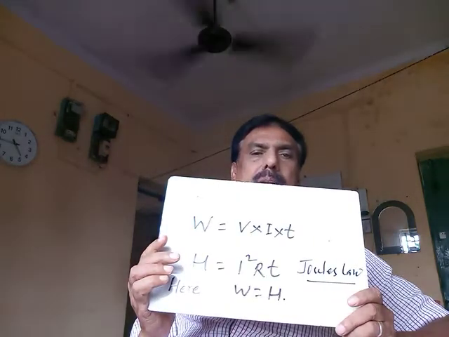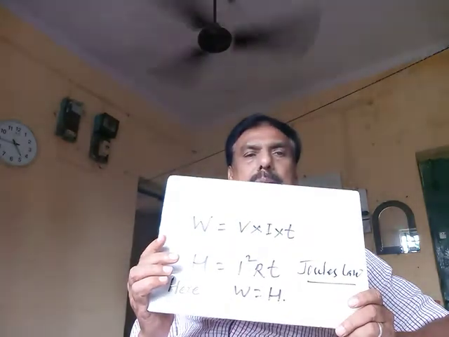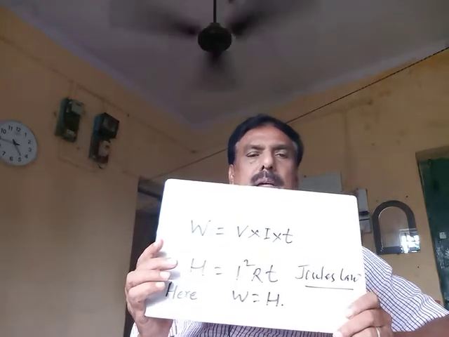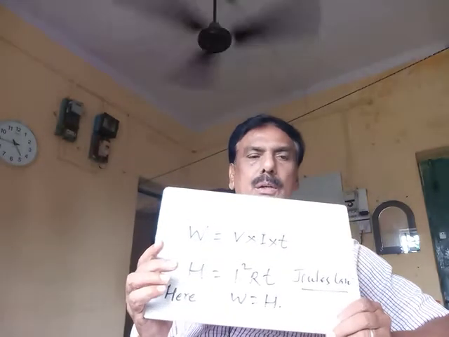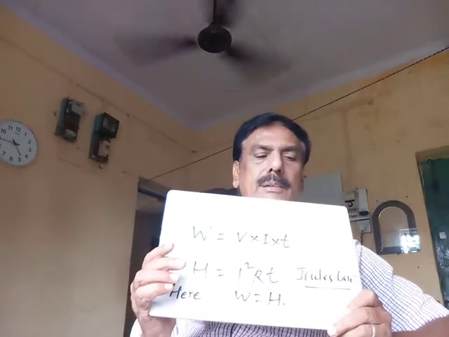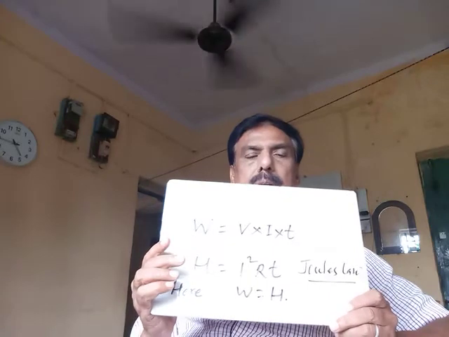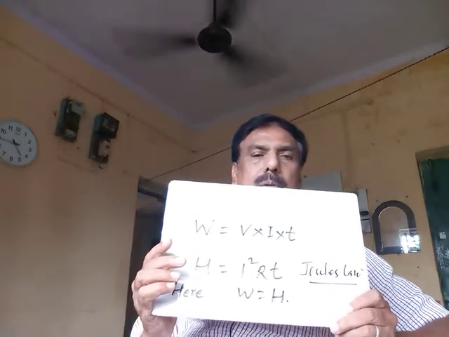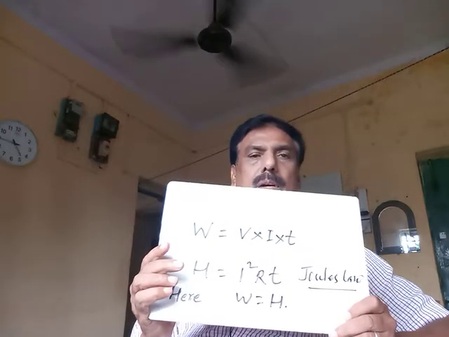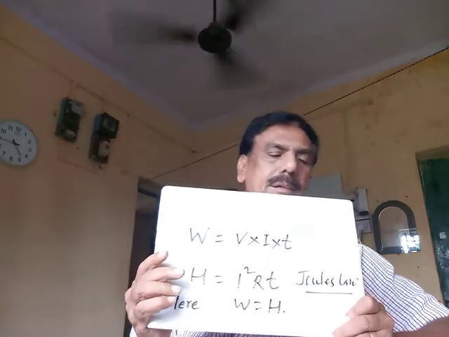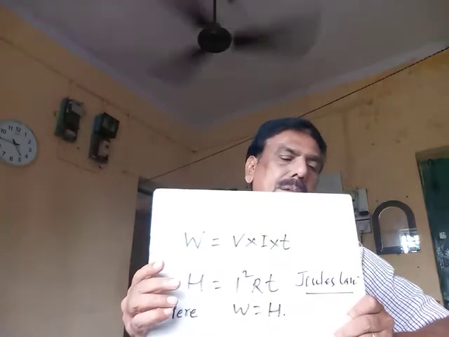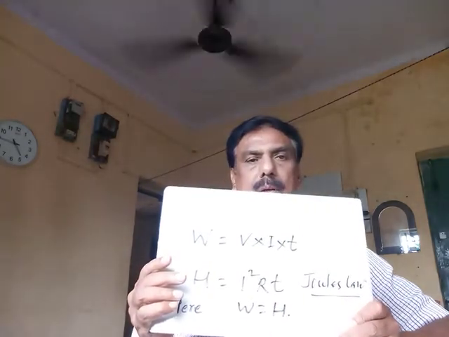It is same as the energy. The work done and energy are the same. They have the same unit, joule. So the electrical energy dissipated in a resistor is given by W is equal to VIT. W is the energy or the work done, I is the current, V is the PD, and T is the time. This is one way.